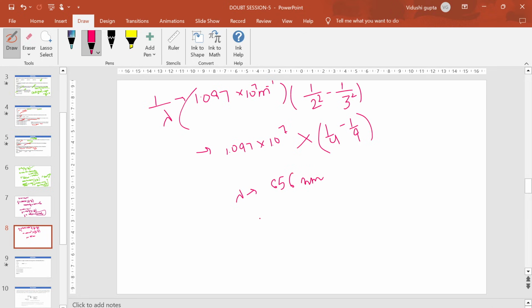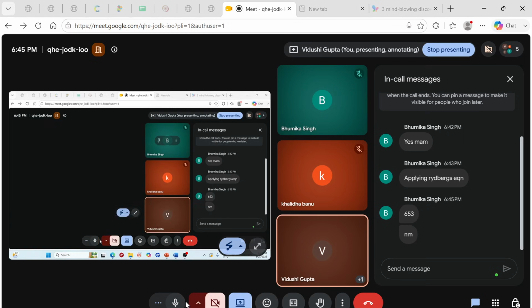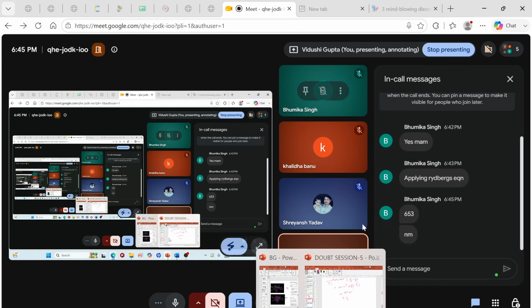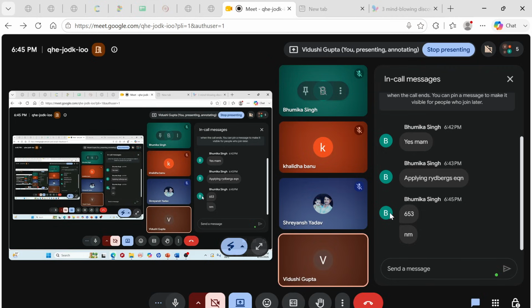Now, what will be the wave number correspondingly? It will be 1 by wavelength. Just tell me what will be the value in wave number for 656. Just reciprocate it. Wave number is 1 by wavelength.